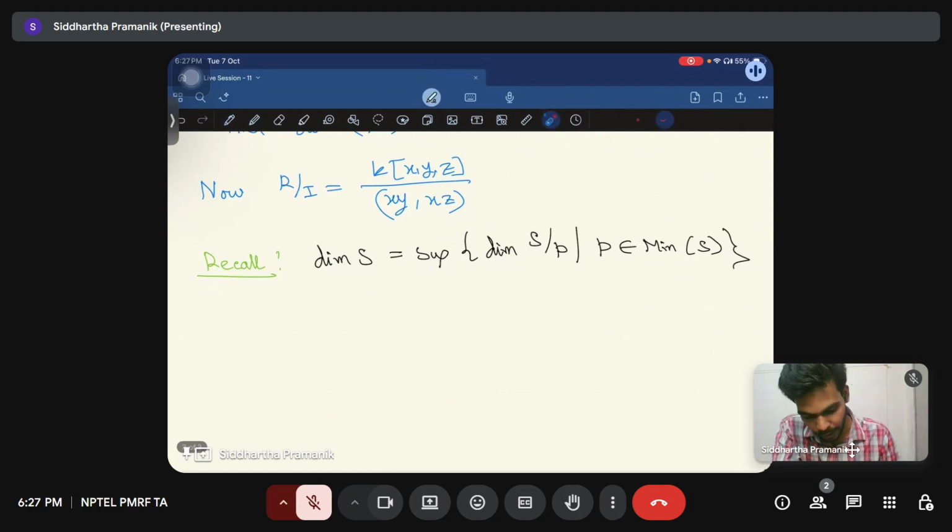So we need to find the minimal primes of this, that is basically the minimal primes of this ideal. There are several ways to find the minimal primes.